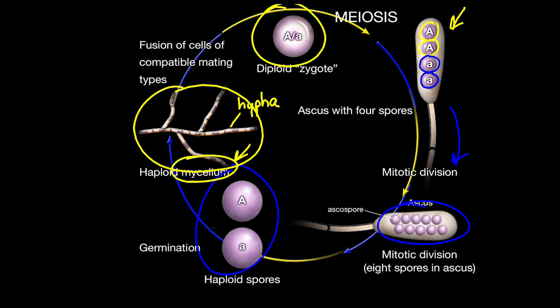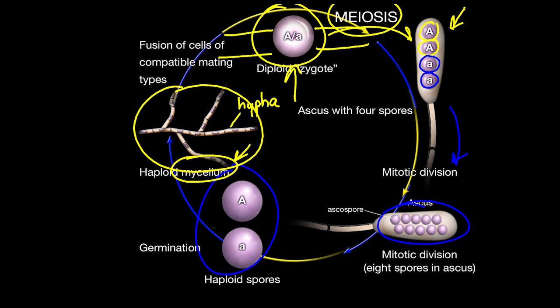Now, I just drew it as if it's one cell. Sometimes it is one cell where the 2 hyphae come together. You might see the rest of the hyphae going on either side of that. I know this isn't a mycology class, which is the study of fungi, but I just want you to understand. For most fungi, the only time they're diploid is at this stage right here, and then meiosis occurs right away, and you go back to having these four spores.